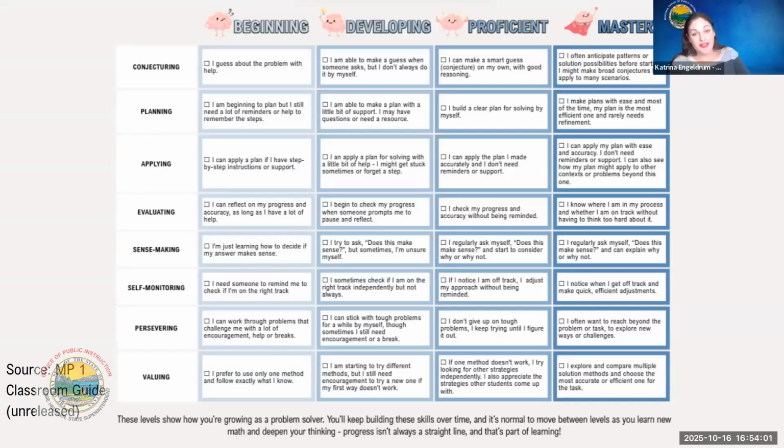I don't know if my guesses are right, but I'm really good at guessing. And then I'm not so good at beginning to make a plan. I'm still learning how to do that. Maybe I'm really good at applying a plan, but I could improve at evaluating, right? So lots of ways. Again, this is part of that guide that we're working on for teachers, but it's not been released.